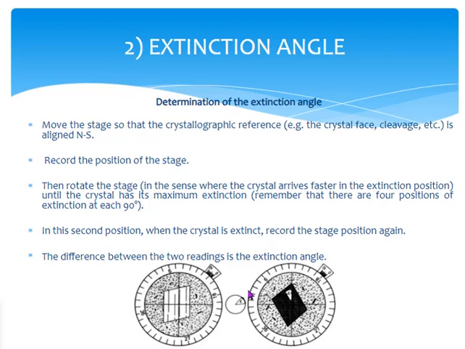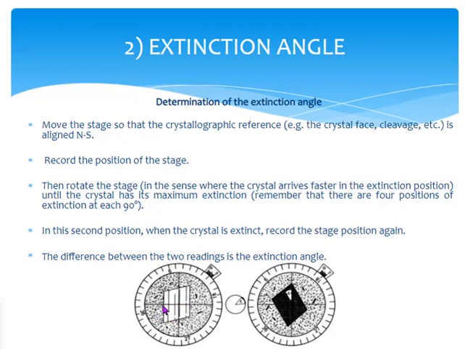Next, how do we determine extinction angle? First of all, move the stage so that the crystallographic reference is aligned north-south. This is your mineral, and the orientation of the mineral should be in the north-south direction, in the middle of the crosswire. Then record the position of the stage.